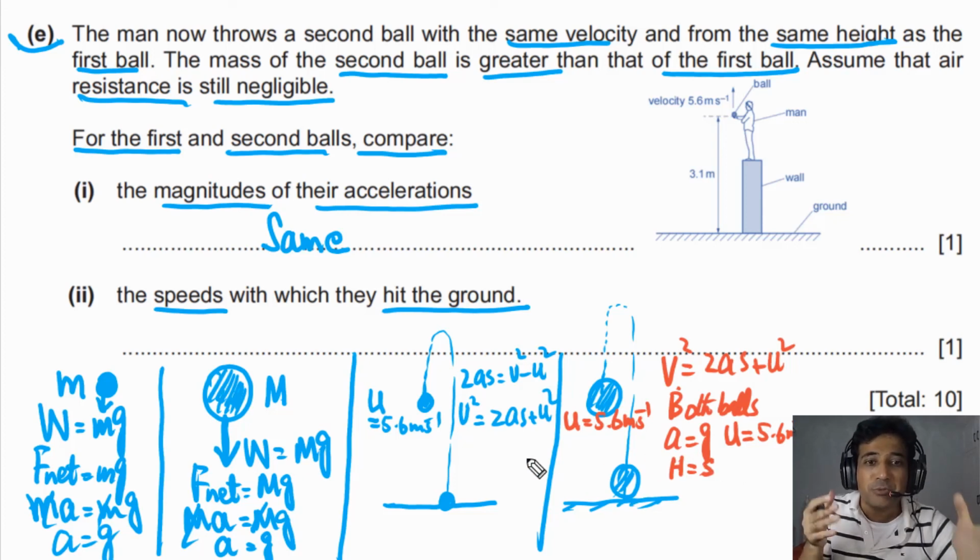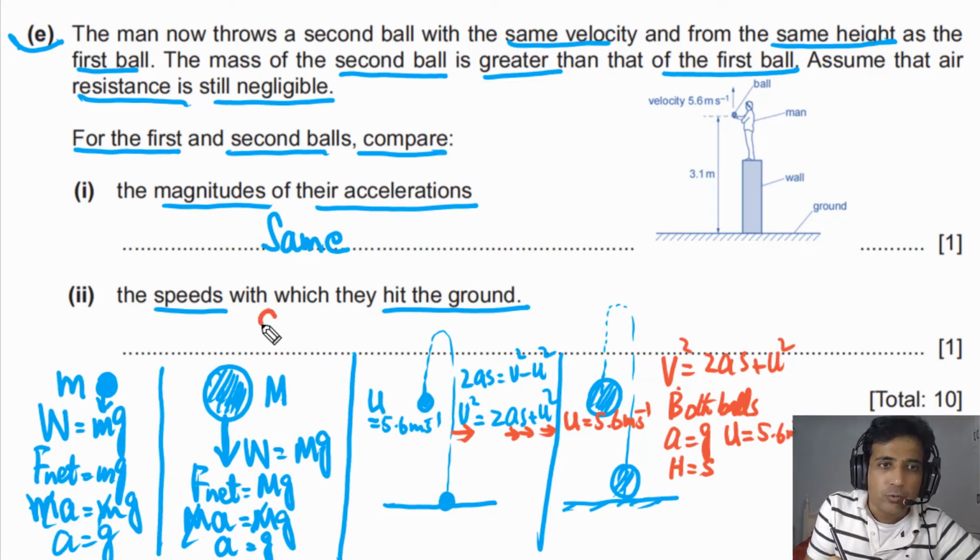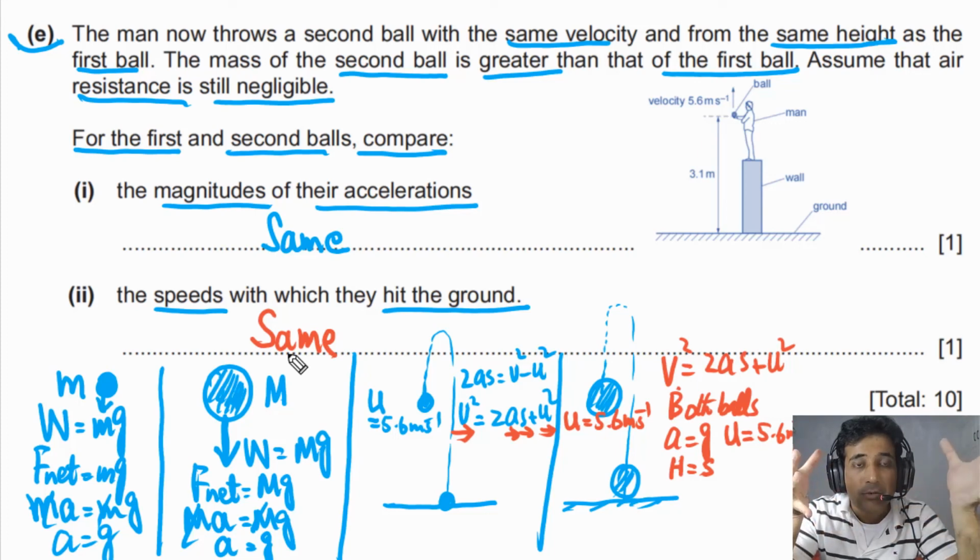So if a is the same, s is the same, u is the same, it means v is also the same. So both balls, when they hit the ground, will hit the ground with the same speed. In this case, the final speed is also independent of their masses. So mass is not playing any role in this case.